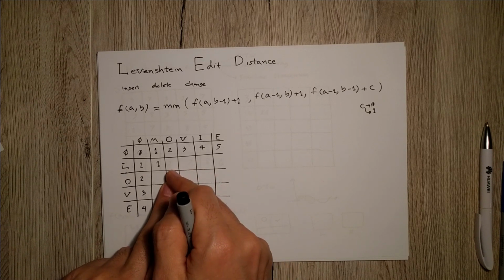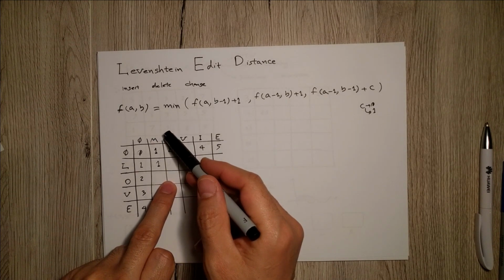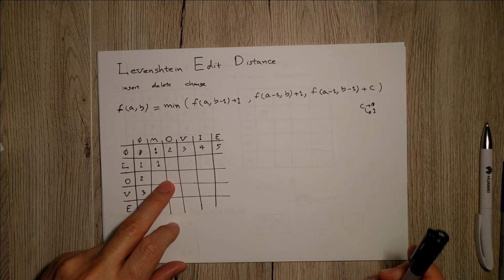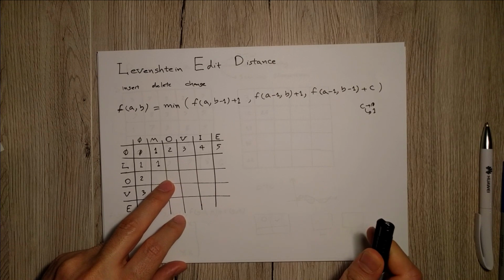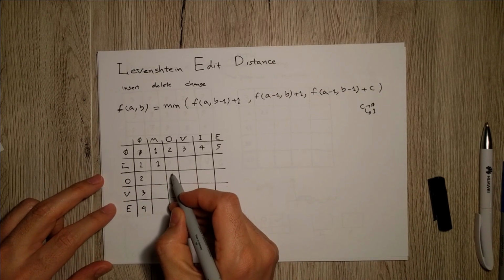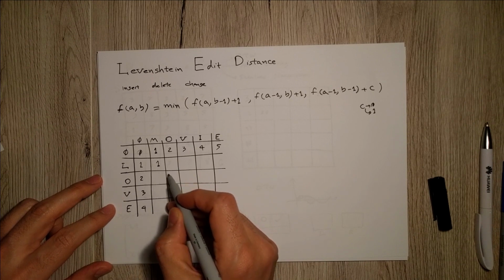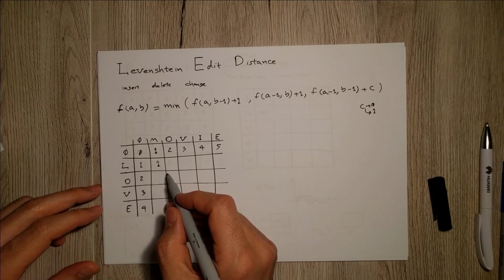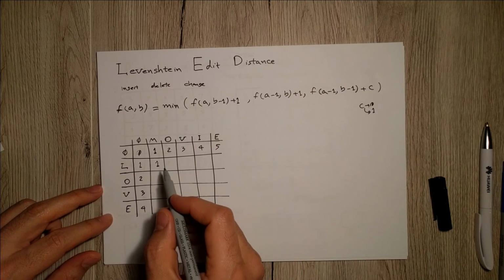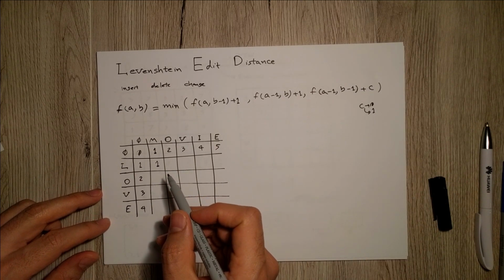So imagine now you're here. Okay, so it's MO and LO. As you can see, we only need one change. So I could either come from here, here, or here. So I have to take the minimum cost for these changes, which is 1.